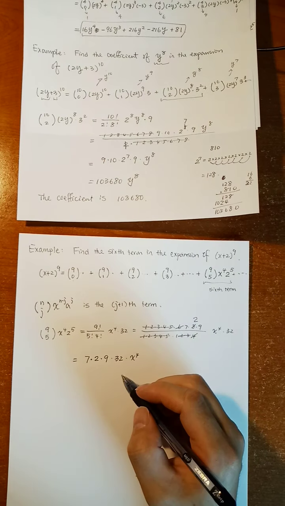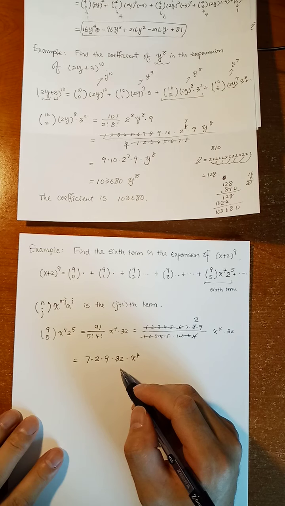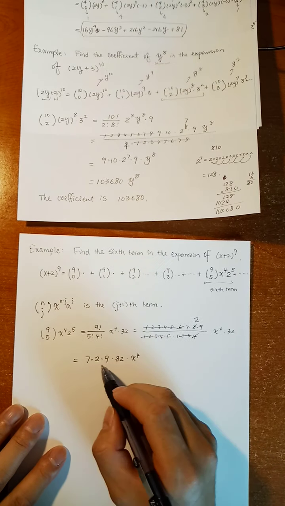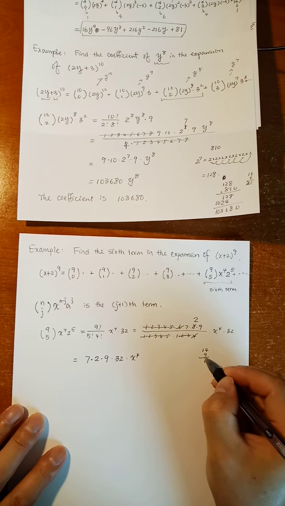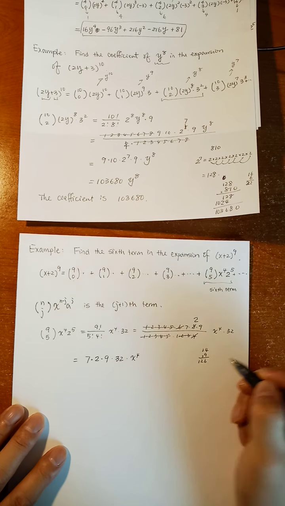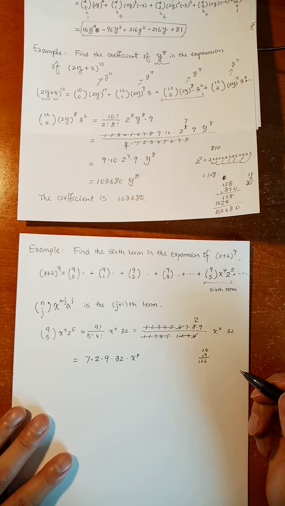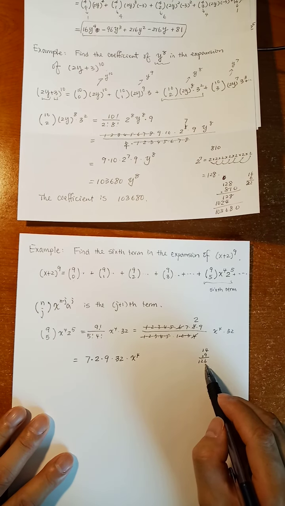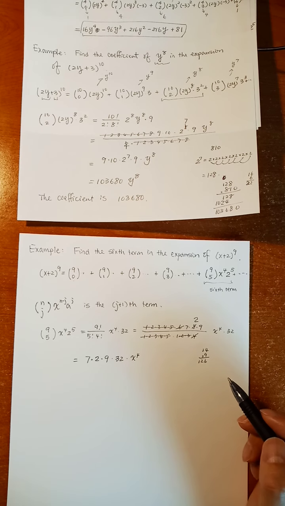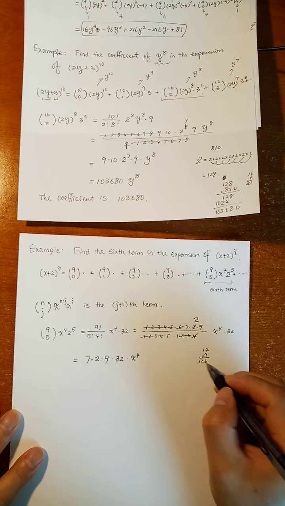All right, so there's no way we have to compute it. So it's 14 times 9 is 126. 2 times 7 is 14. 14 times 9 is 126. 126 times 32.